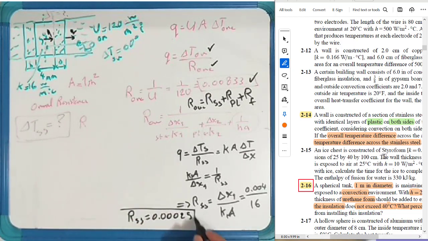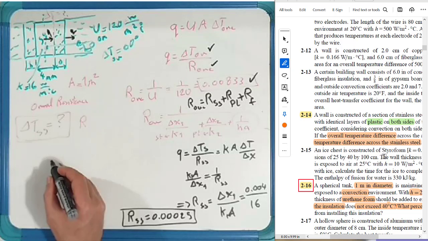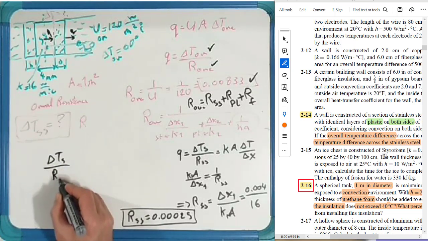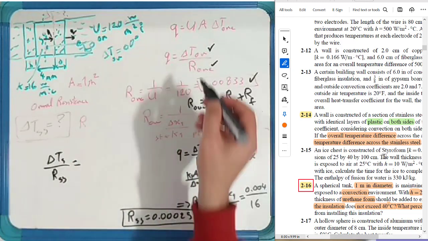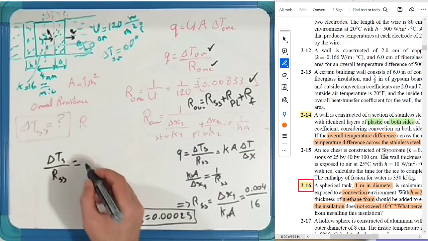I have this one, and I know Q equals delta T for steel over R steel equals delta T overall over R overall, because these two Q are the same.